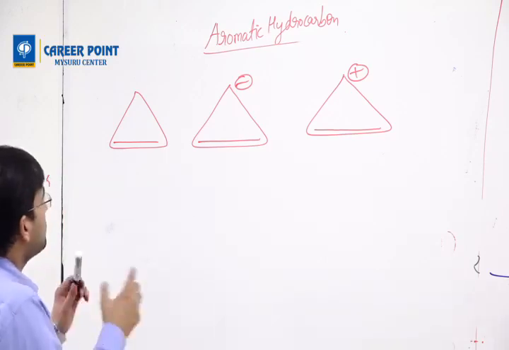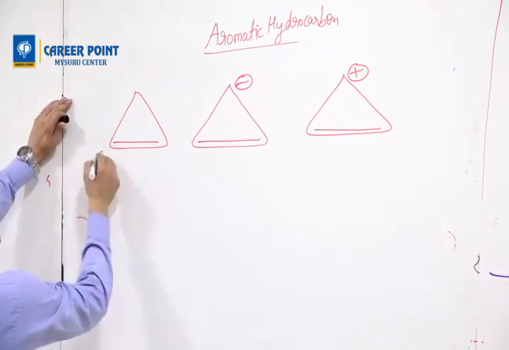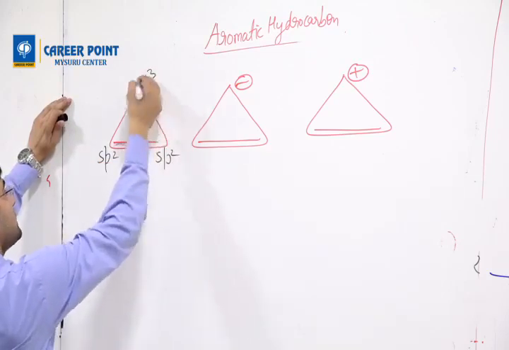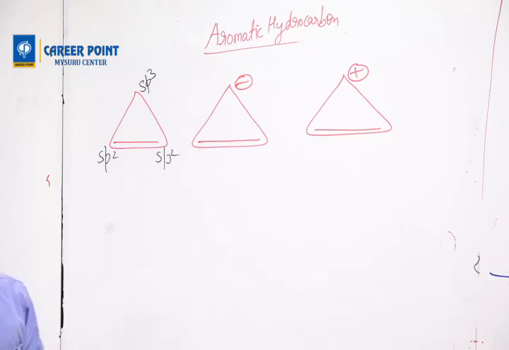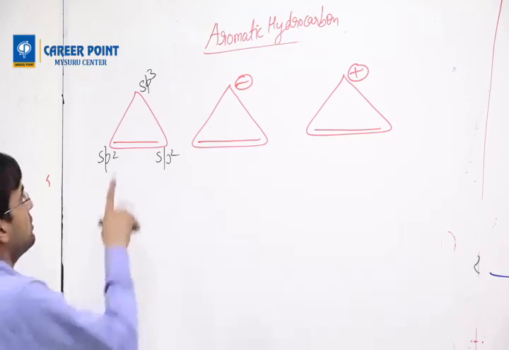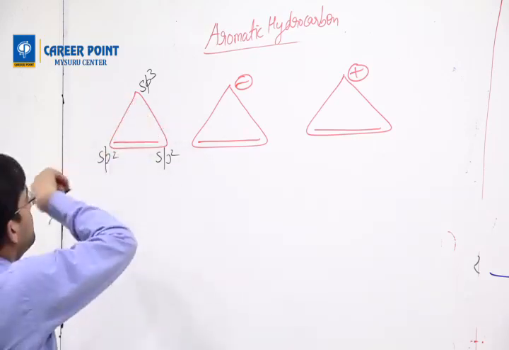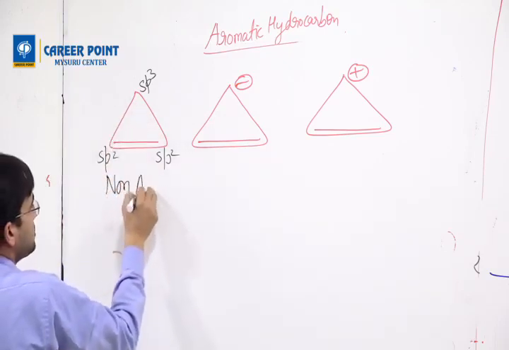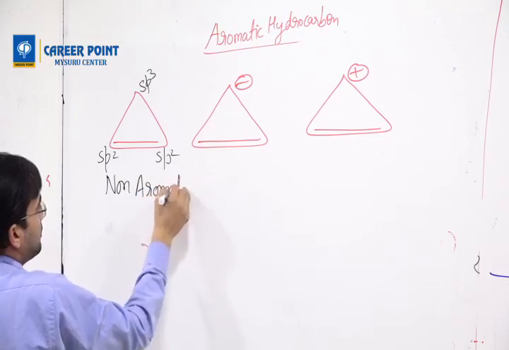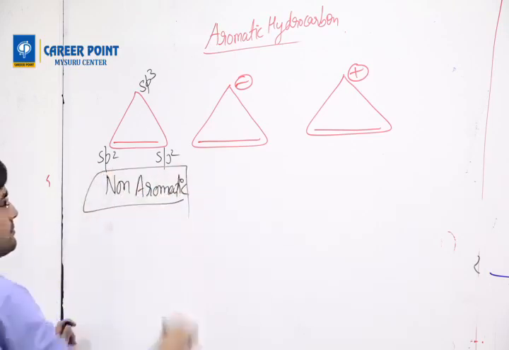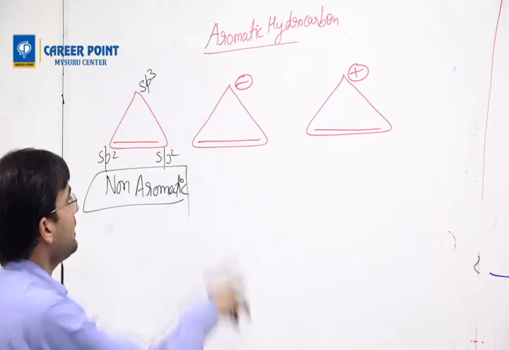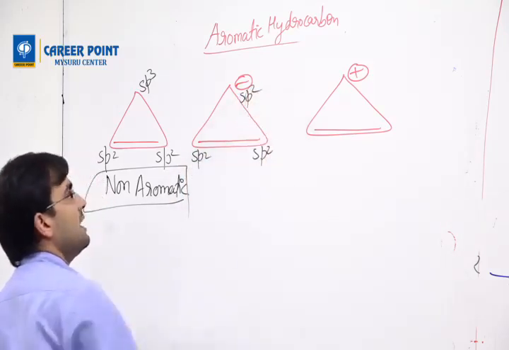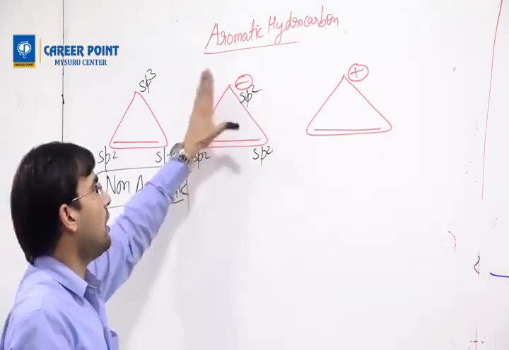Why? This is sp2, but that is sp3. As soon as sp3 comes, it becomes non-planar. So this compound is non-aromatic. In the next, sp2, sp2, sp2, all three are planar.